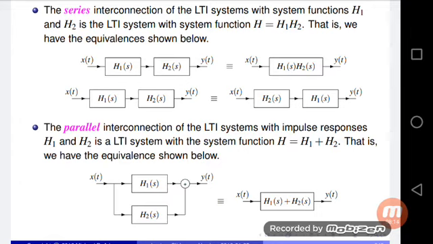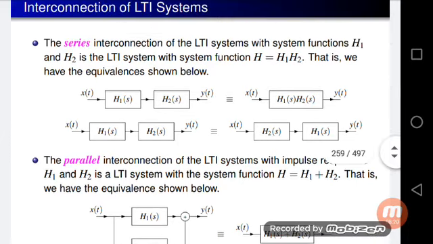From the above, in the series interconnection of LTI systems the functions are multiplied, whereas in the parallel interconnection they are added. So that's why H equals H1 plus H2.